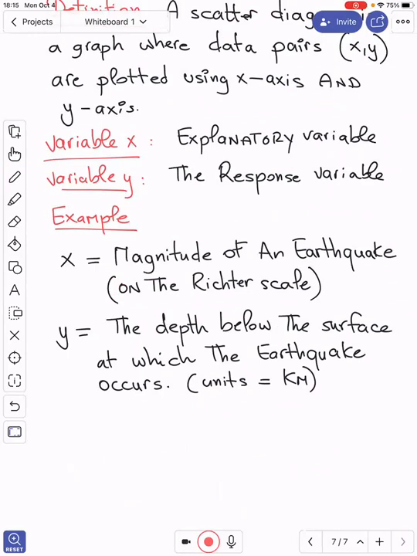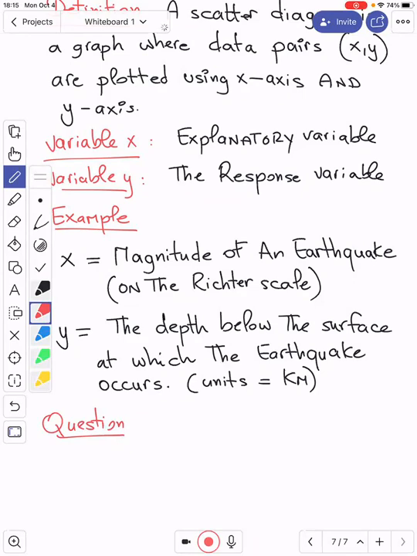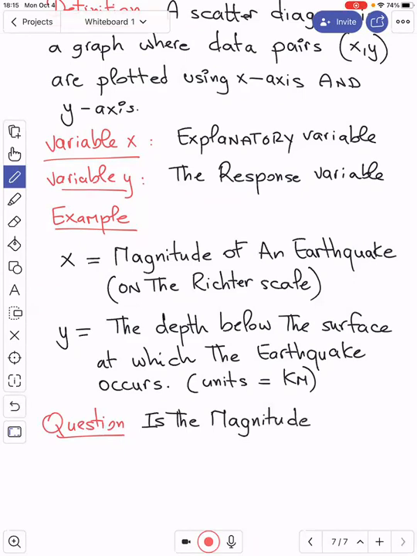Now, we're gonna try to see if there is a connection or a relationship between the magnitude of the earthquake and its depth.